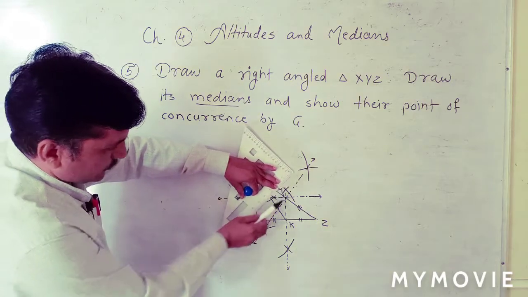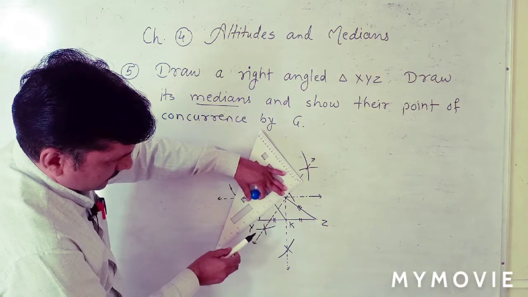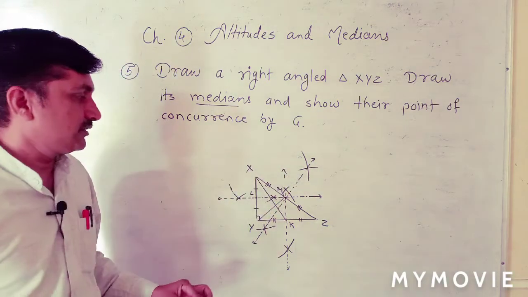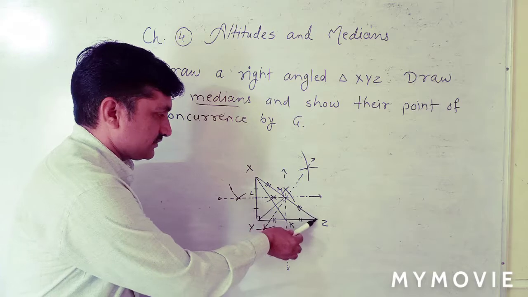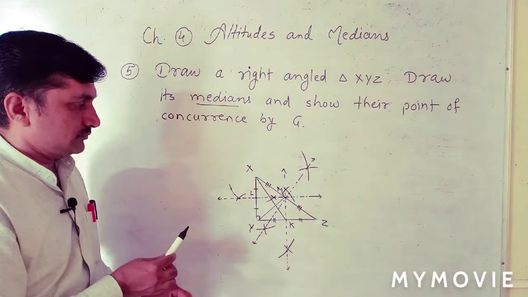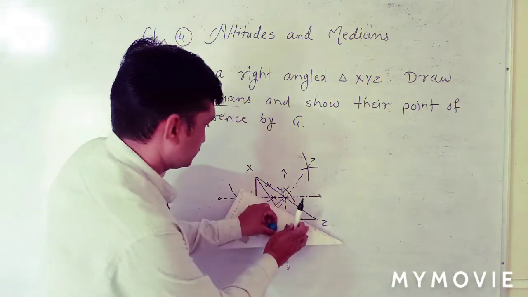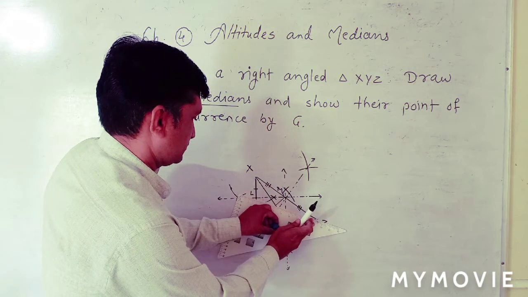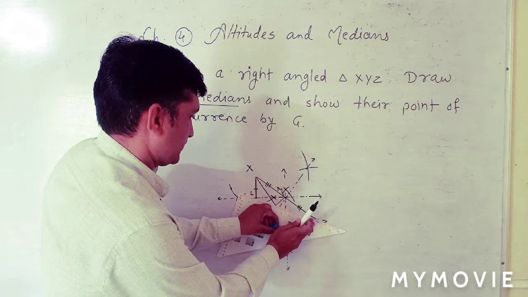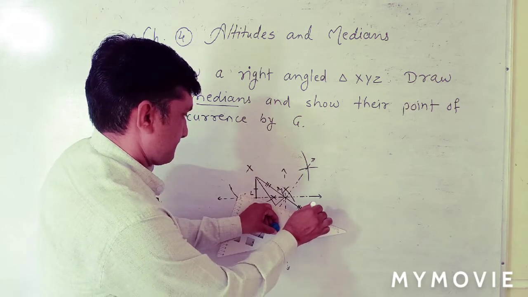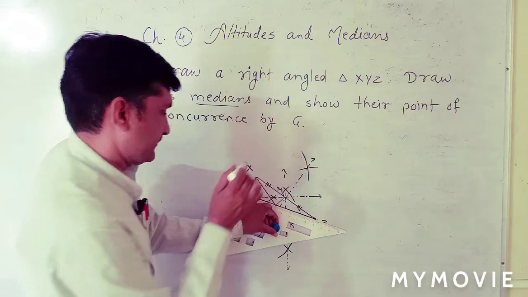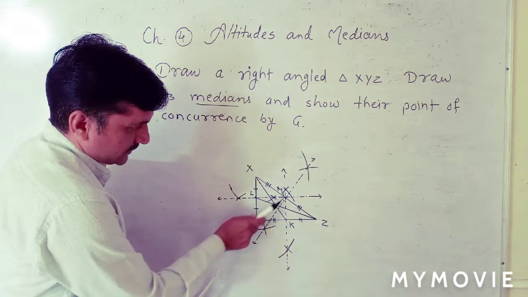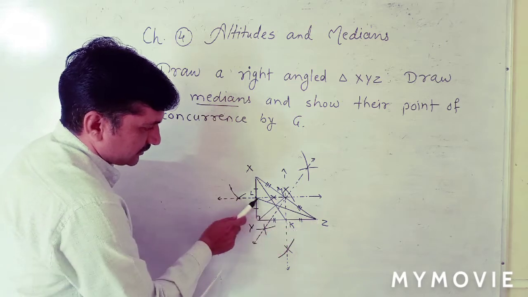Y is here, M is the midpoint here, opposite. YM is the second median. Third, ZL. XK is the first median, YM second, ZL third.